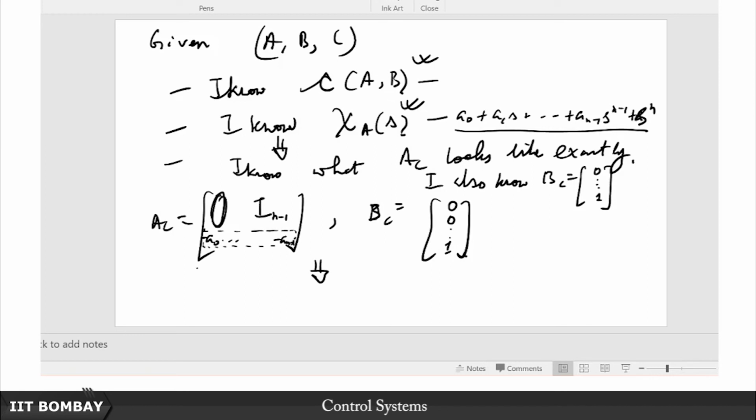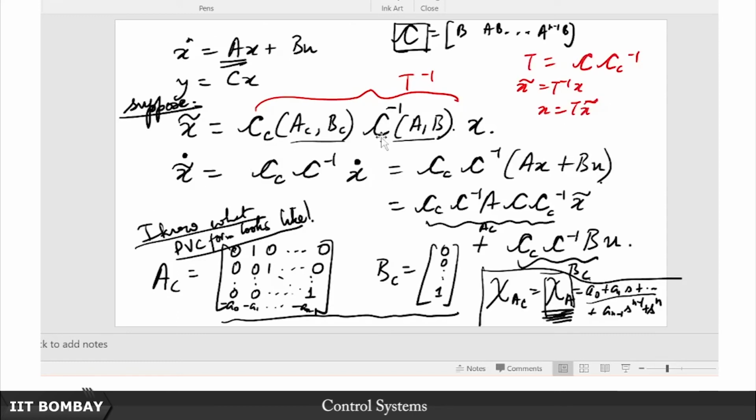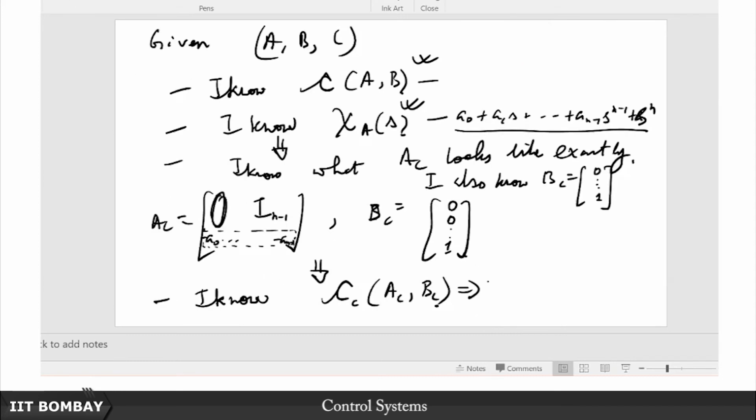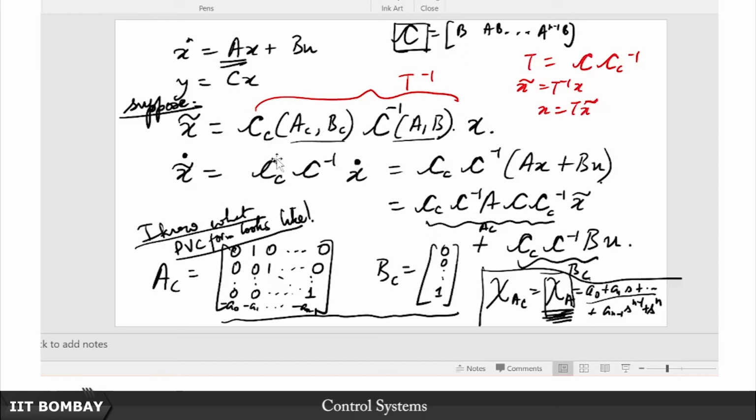And then based on this, what more do I know? Now that I know this AC and BC, I can also evaluate the controllability matrix in terms of this AC and BC, and then based on this I can of course compute all of these, this T and T inverse, etc. And once I have computed T, T inverse, etc., I know exactly what transformation to take.